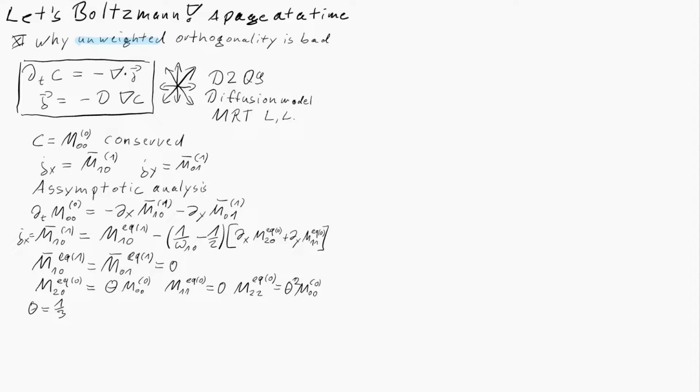Okay, now this would solve the diffusion equation, and next we would look at the higher order moments, or the third order moments, and what would happen to them if we use the unweighted orthogonal moments of the third order moments according to Lallemant and Luo.